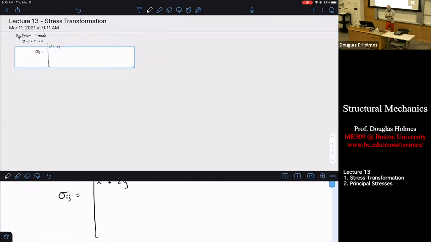The sigma yy term is xy minus y squared z. And the zz term is x squared minus z squared.